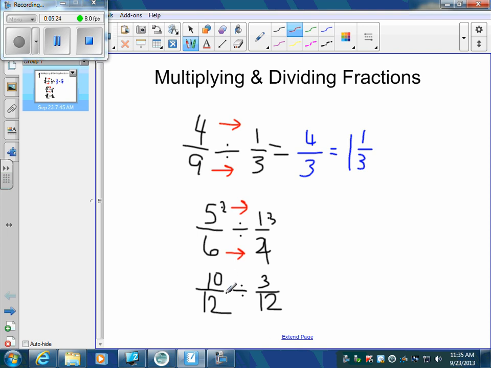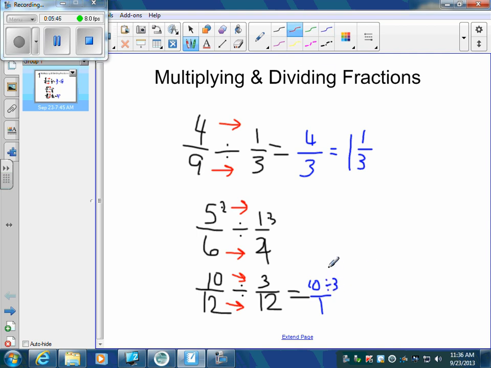Now I can go ahead and divide. 12 divided by 12 is going to get me 1. And 10 divided by 3, well, I can't do that, so I'm just going to write it 10 divided by 3.